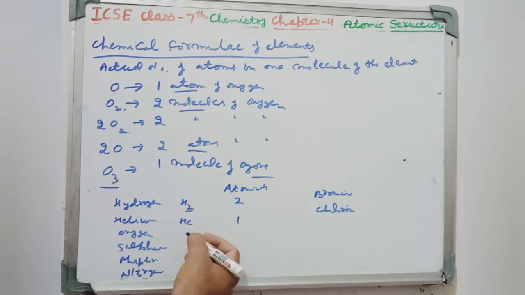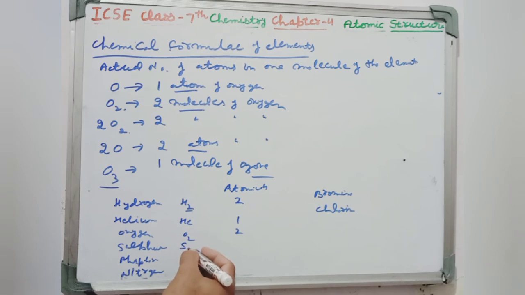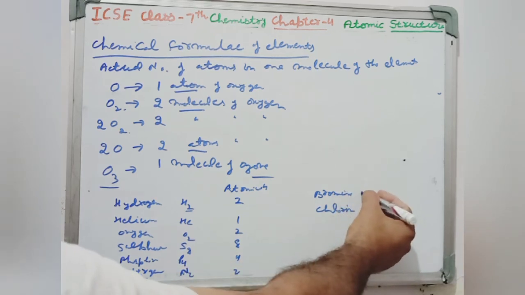Oxygen is O2. Its atomicity is 2. Sulfur is S8. Its atomicity is 8. Phosphorus is P4. Its atomicity is 4. Nitrogen is N2, its atomicity is 2. Bromine is Br2.